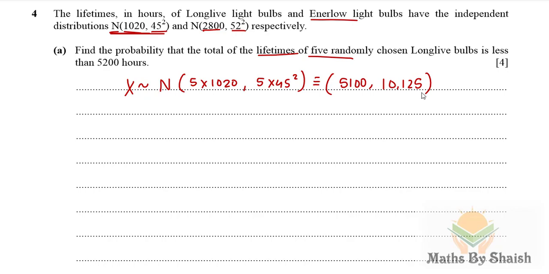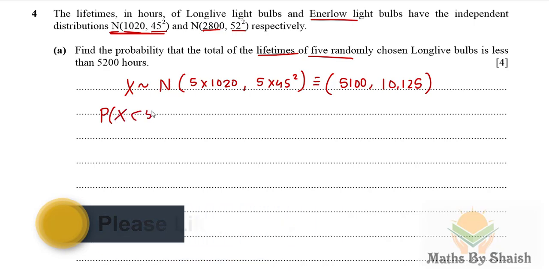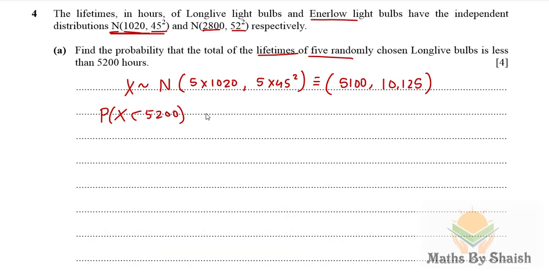Once we have these parameters, we can solve this easily. The total of the long-lived bulbs is less than 5200 hours, so X less than 5200, which can be written with the standardized normal distribution as Z less than (5200 minus the mean) over the standard deviation. The mean is 5100, and 10,125 is the variance, so the standard deviation is its square root.